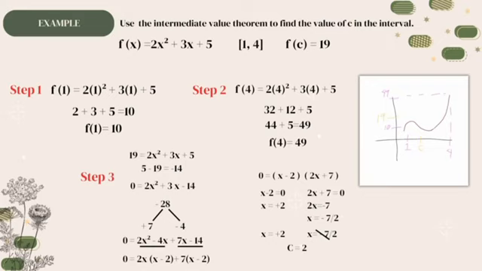So, since 19 is between 10 and 49, c, which is an x value, is between the x values of 1 and 4. So, on the graph, as you can see sa picture, the f of 1 has a value of 10 and f of 4 has a value of 49.